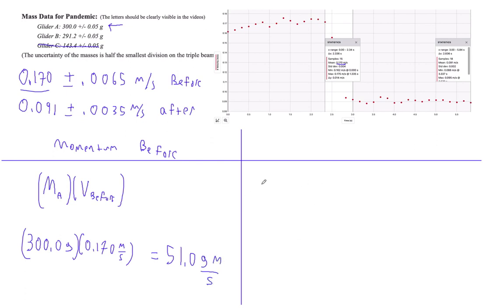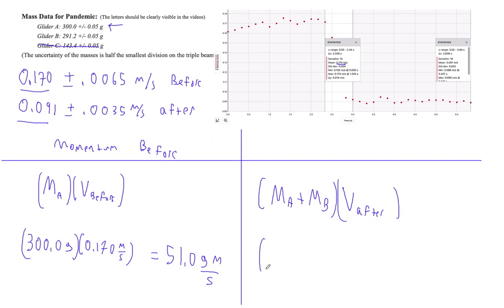Okay. Now let's figure out the momentum after. Well, both carts were moving afterwards. That's why the velocity is less, right? So it's going to be mass A plus mass B. Now keep in mind, if you did BC or AC or something like that, you're going to have to adjust accordingly, right? And then that's going to be the velocity after.